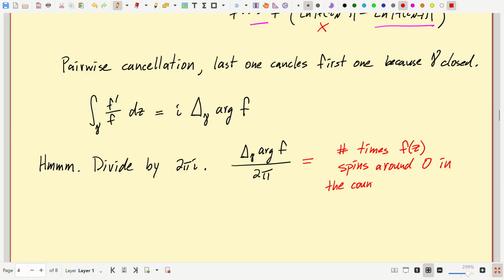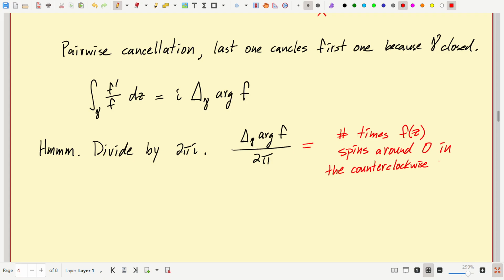So it would be plus if it was counterclockwise, and negative if it was clockwise, as z traces out gamma.